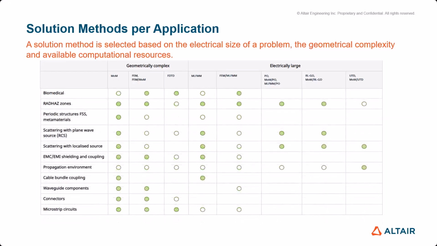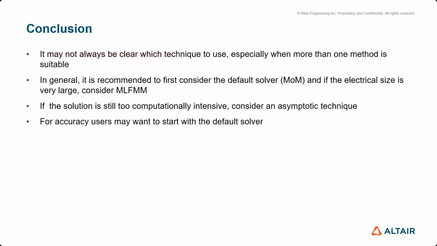We have some generic, very commonly used antennas, and also some more complex applications like biomedical applications or RCS. This table can help you in deciding what solver to choose for what kind of applications.